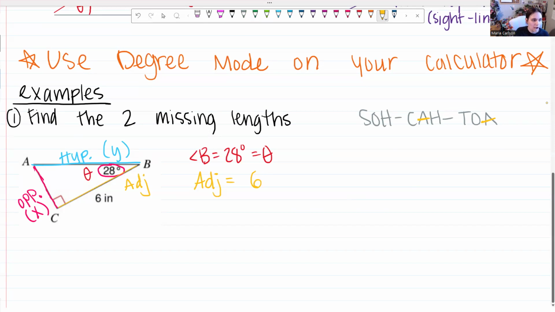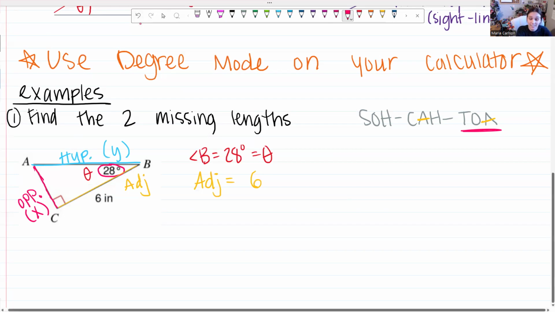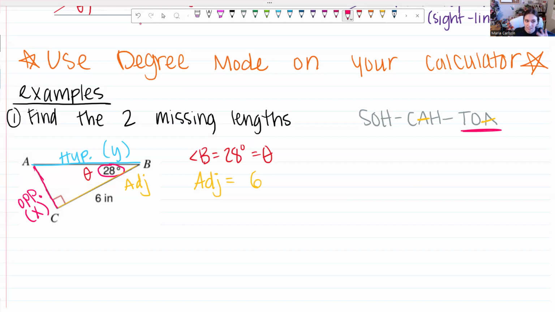I could work with either of these because if I use the opposite and the adjacent, then I'd be using tangent. And if I work with the adjacent and the hypotenuse, then I'd be using cosine. So I'm going to start by finding X first, which means I'm going to be using the opposite of X and my adjacent in respect to that angle B.